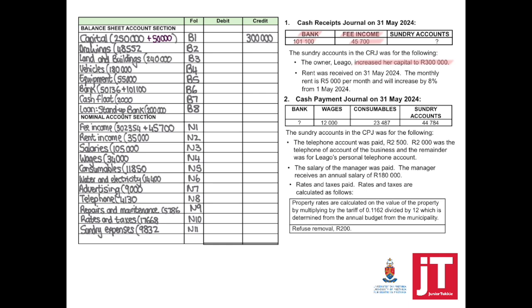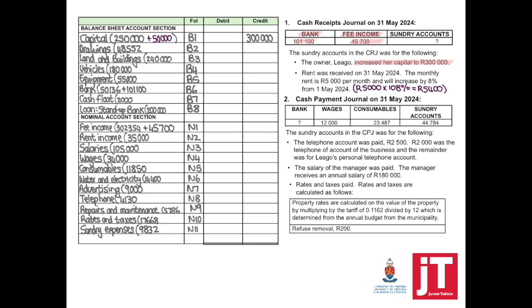So there are different ways in which you can calculate it. You can say 5,000 times 8%, which will equal 400, and then you add it to the 5,000 to find the new monthly rent. Or you can say 5,000 times 108%. Now you might wonder, where does that 108% come from? 100% is the original.